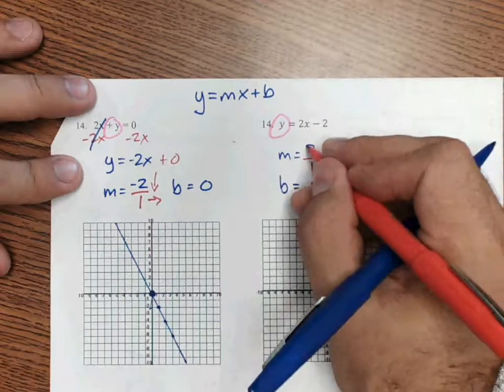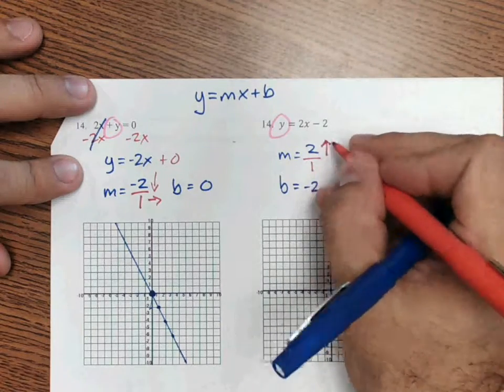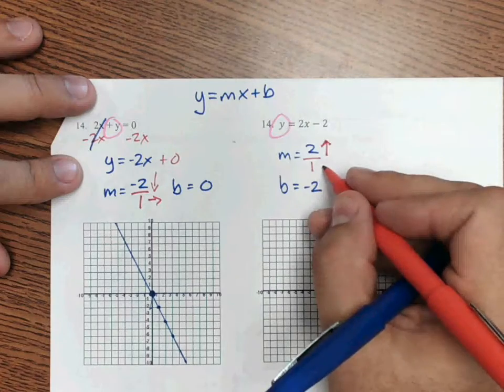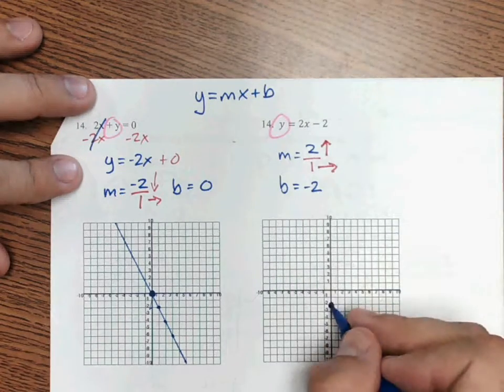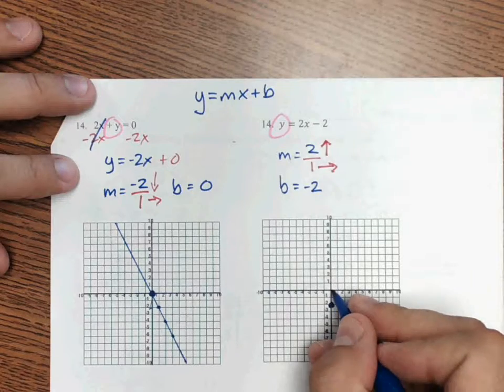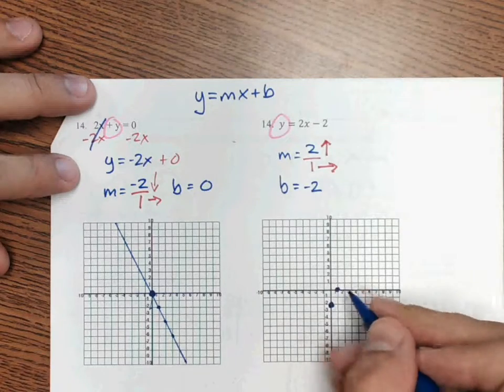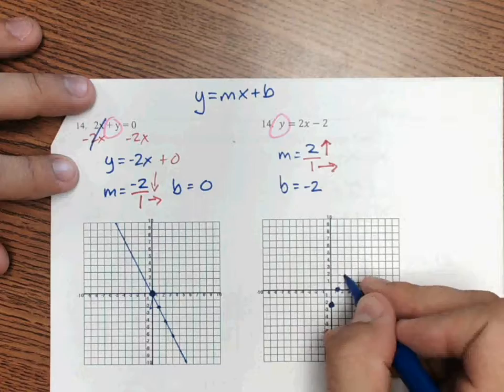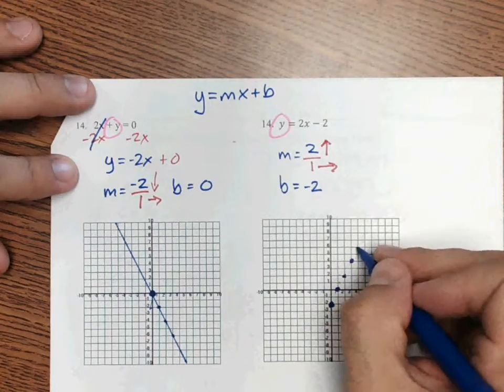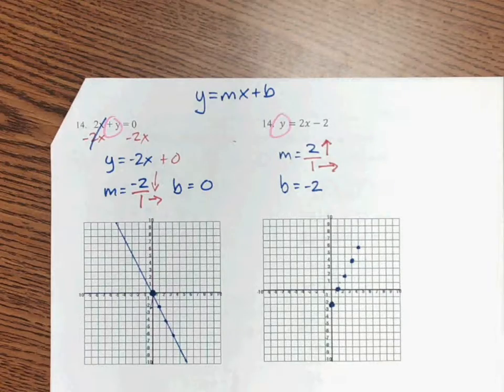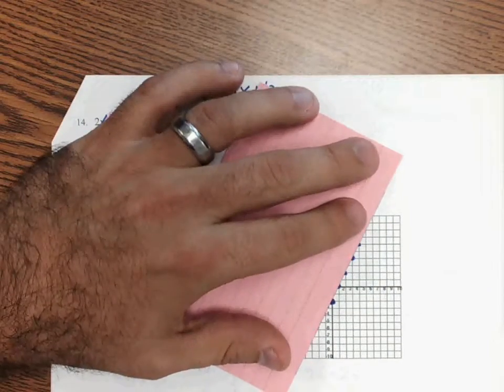So +2 on top means my rise is up 2. +1 on the bottom means my run is right 1. So I'm going to start at my y-intercept, go up 2, right 1, there's a point. Up 2, right 1, there's a point. Up 2, right 1, point. Up 2, right 1, point. We're going to go ahead and graph it.